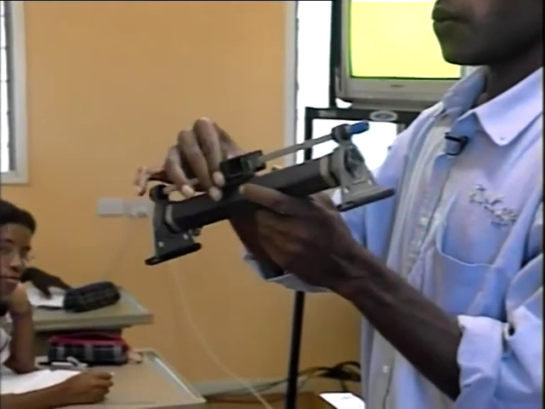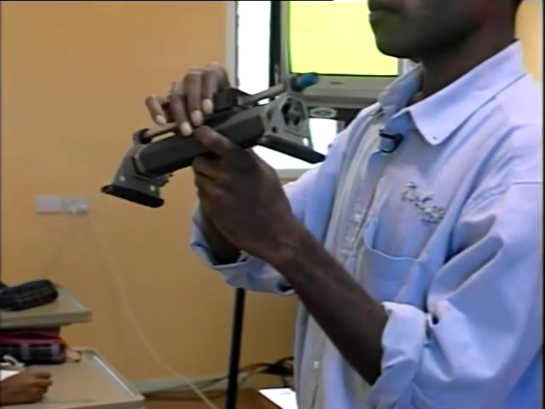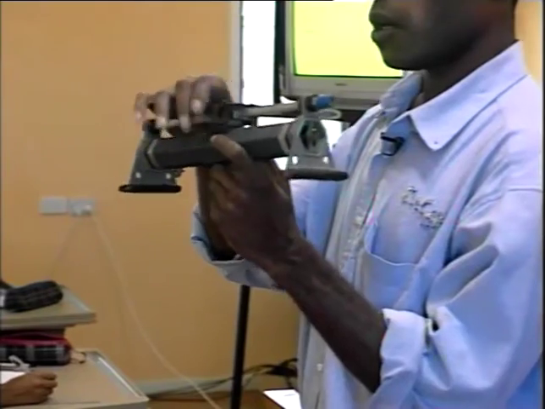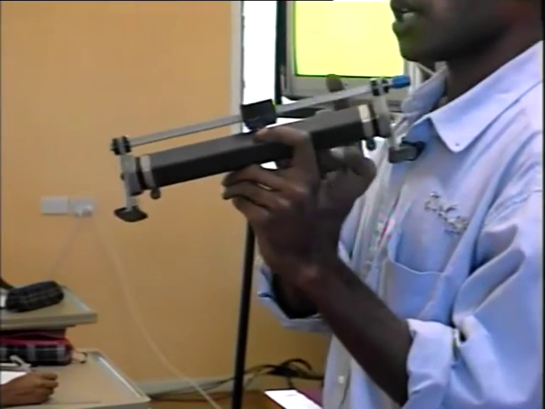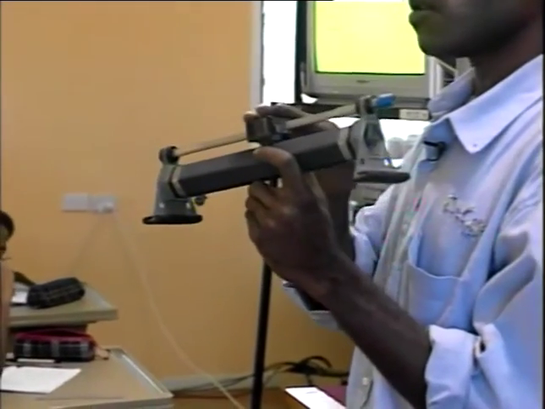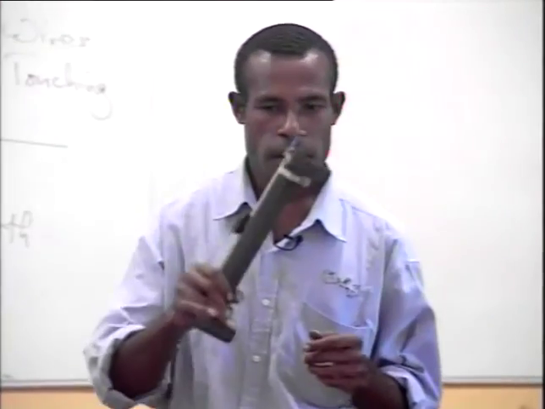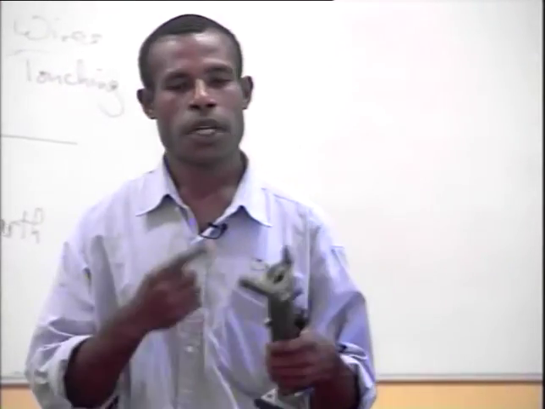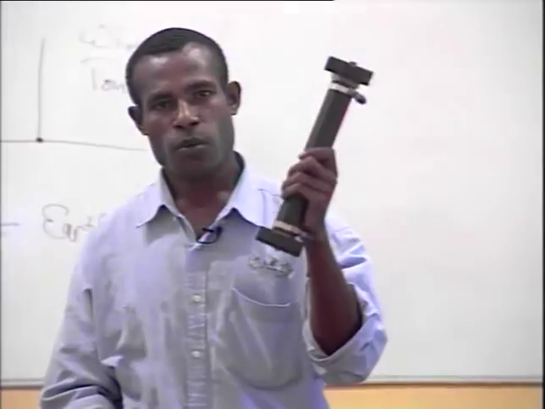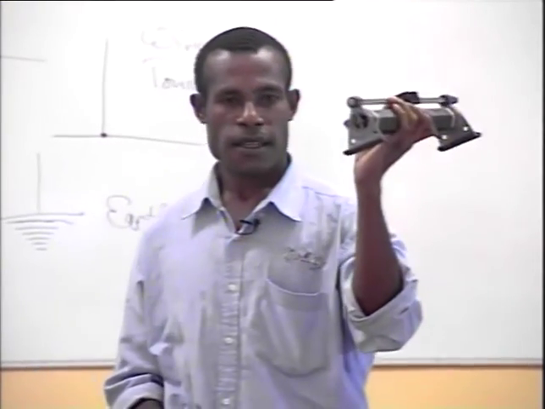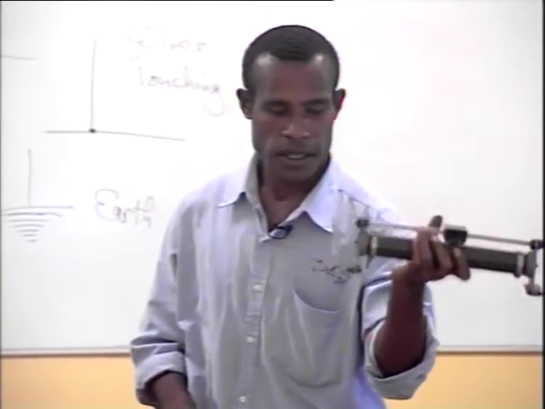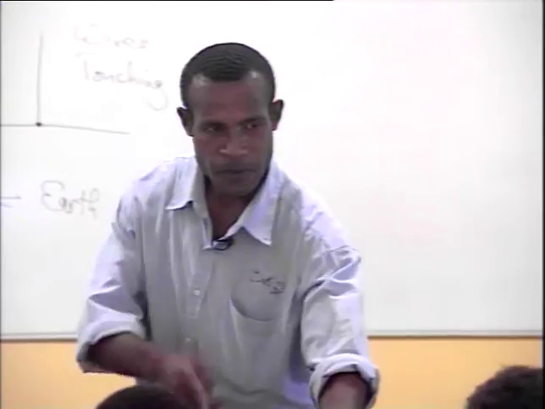Simply by moving this one up or down, you will cause the current to increase or decrease in the circuit. So this is a variable resistor. When it comes to resistance, we will know more about this instrument.